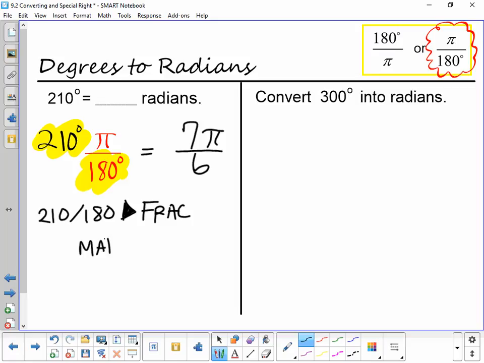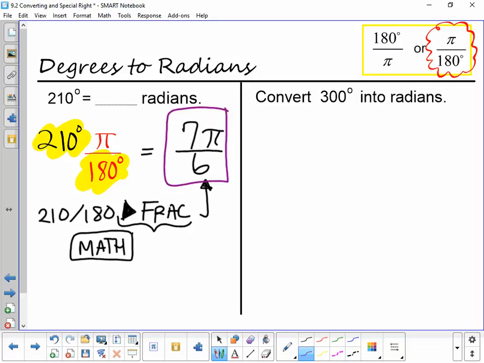And when you hit that Math button, the first choice looks like this. That means convert to fraction. So if you do 210 divided by 180 and convert it to a fraction, it gives you this 7 over 6 reduced fraction. So that's a really fast way to just reduce that fraction and get your radian answer. And again, leave the pi. The pi doesn't disappear. We just wanted this exact answer instead of a decimal approximation.